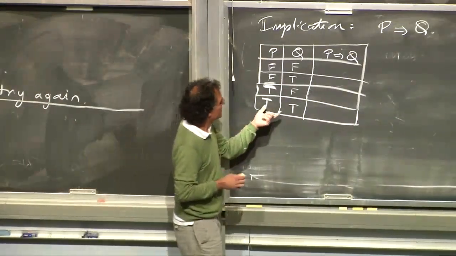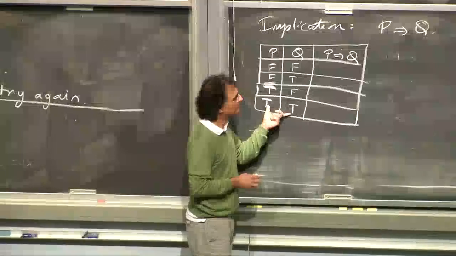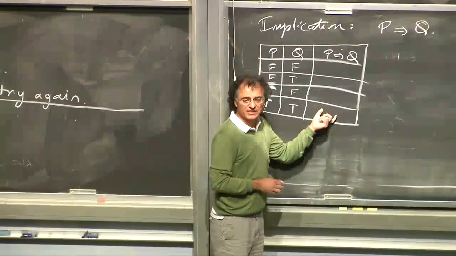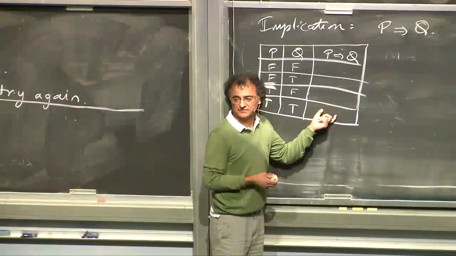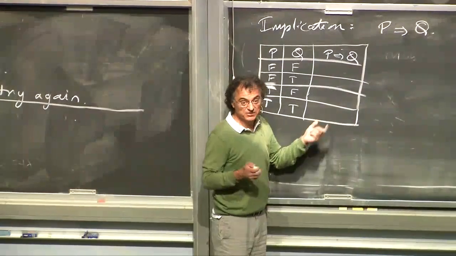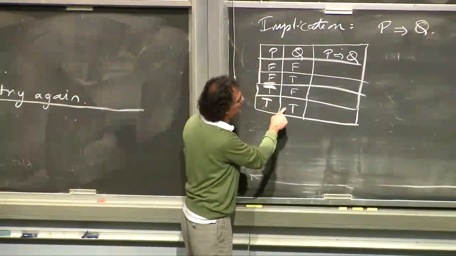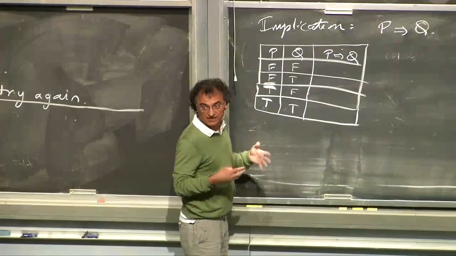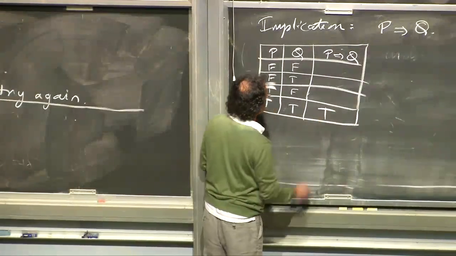Okay. If P is true, Q is true. Is P implies Q telling us something correct? Yeah, because P implies Q was telling us whenever P is true, Q has got to be true. It's saying something correct, so it's true.